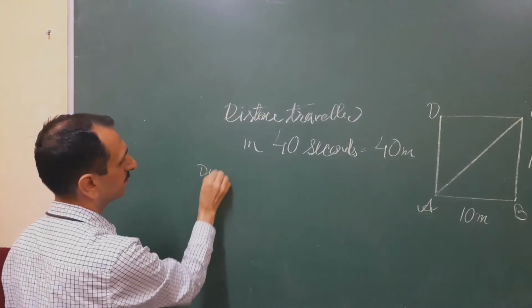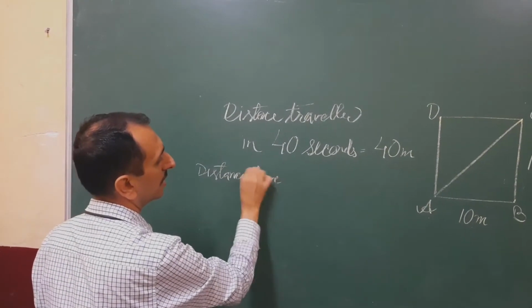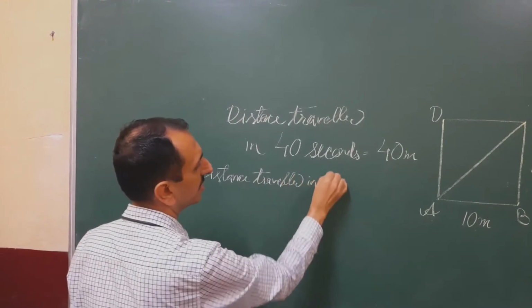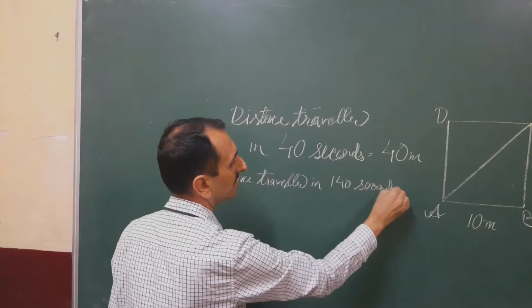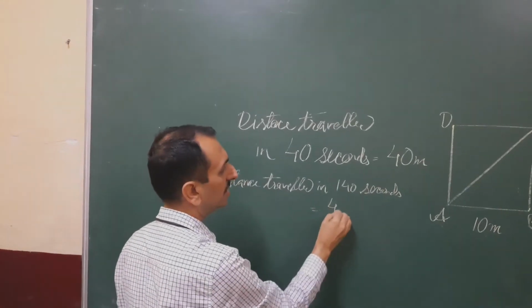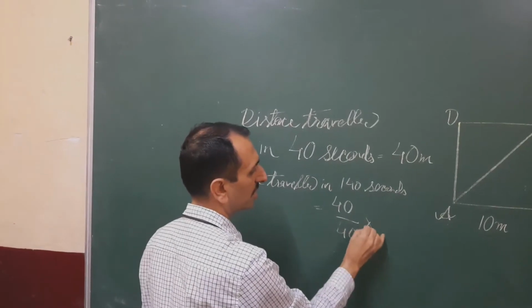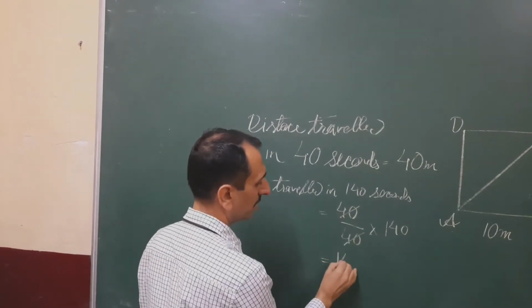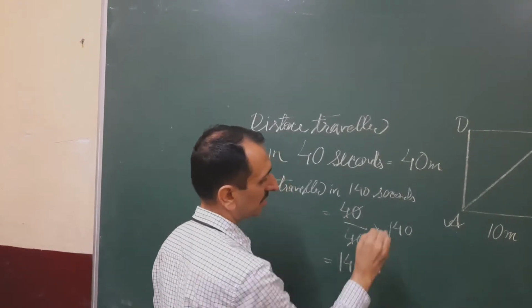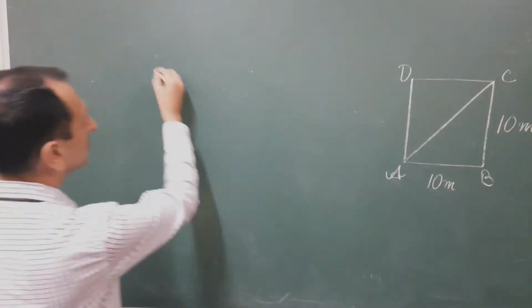So distance travelled in 140 seconds will be 40 divided by 40 into total time, 140 meters.